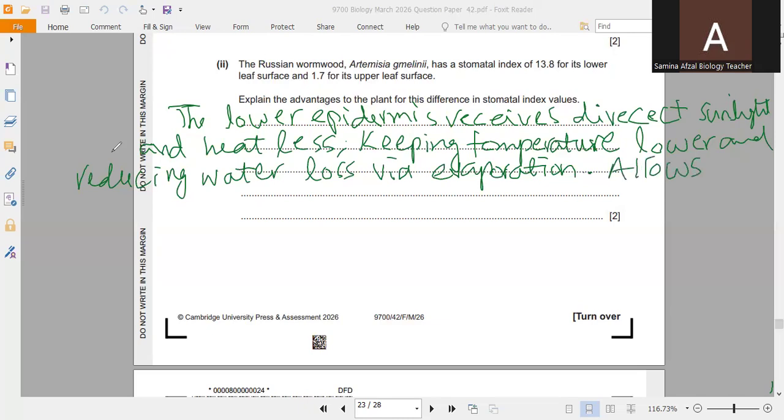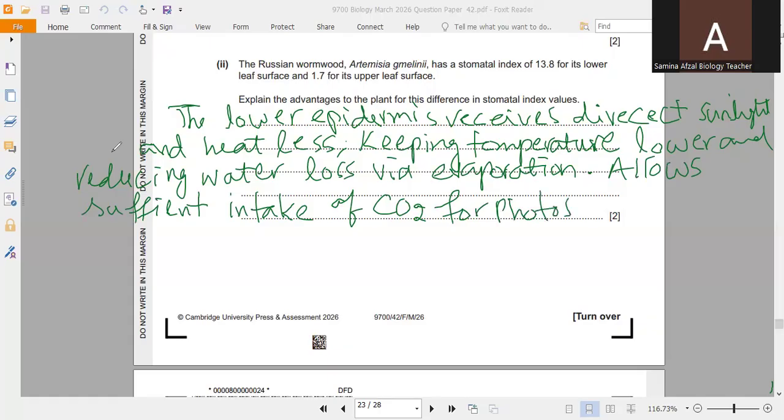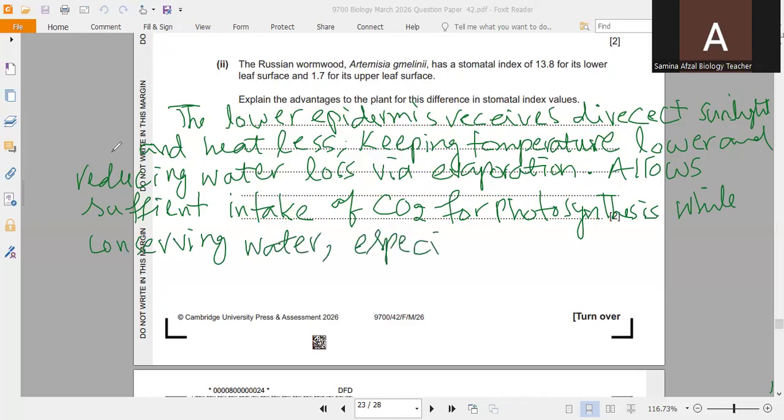Second can be written as: allows sufficient intake of carbon dioxide for photosynthesis while conserving water, especially during hot or high light conditions.